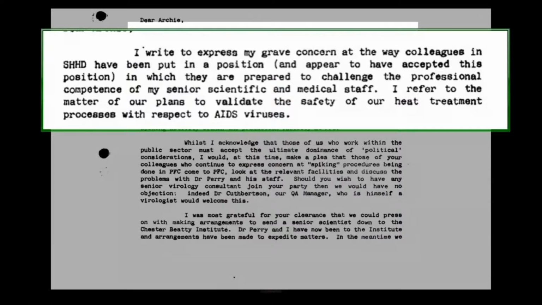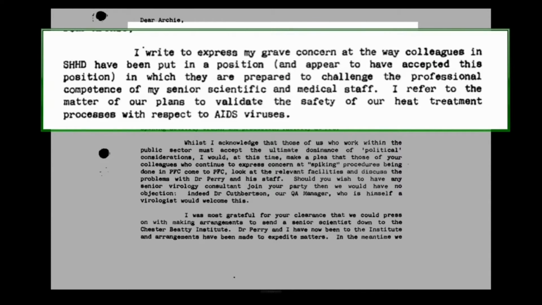This is a letter from Professor Cash, 18th of January 1986, so a couple of months before he stepped down from his role as consultant advisor, addressed to Dr. Archie McIntyre at the SHHD. And he says in the first paragraph, I write to express my grave concern at the way colleagues in SHHD have been put in a position and appear to have accepted this position in which they are prepared to challenge the professional competence of my senior scientific and medical staff.